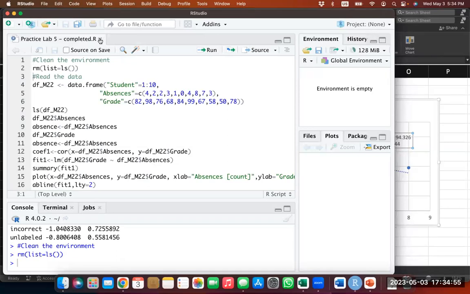So control and return allows you to clean the entire environment with line 2. These commented lines you don't need to run, because the hashtag indicates that nothing will happen if you run that line. It's just a note to your future self to remember what you did.